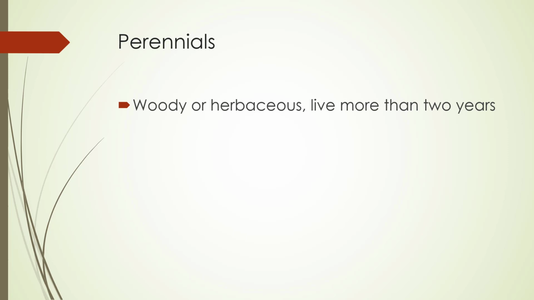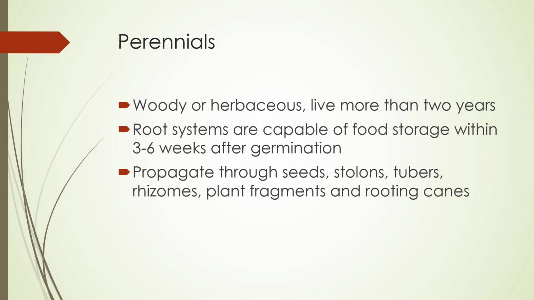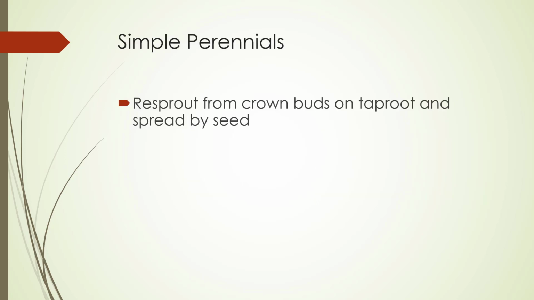So perennials can be woody or herbaceous. They live more than 2 years. Their root systems are capable of food storage within 3 to 6 weeks after germination. They propagate through seeds, stolons, tubers, rhizomes, plant fragments, and rooting canes. So simple perennials resprout from crown buds on a taproot and spread by seed.